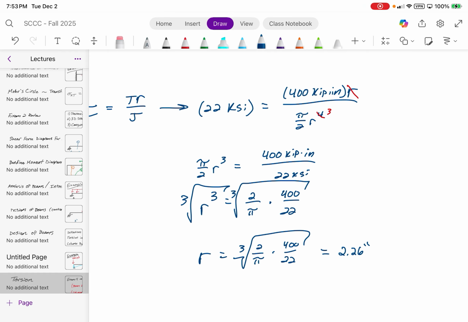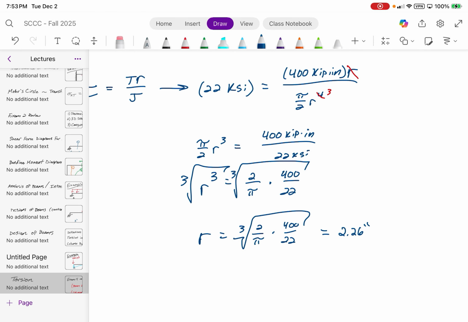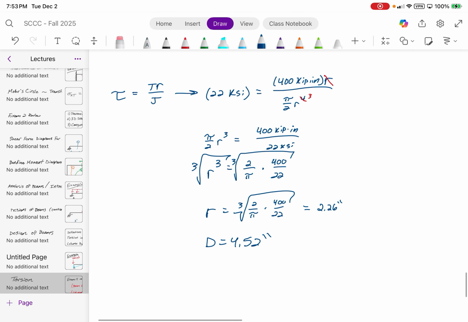All right. So, what does the diameter have to be then? Diameter is 2 times the radius. 4.52. Yeah. All right. Now, for rounding to the nearest 16th of an inch, what would the diameter be that we would use?